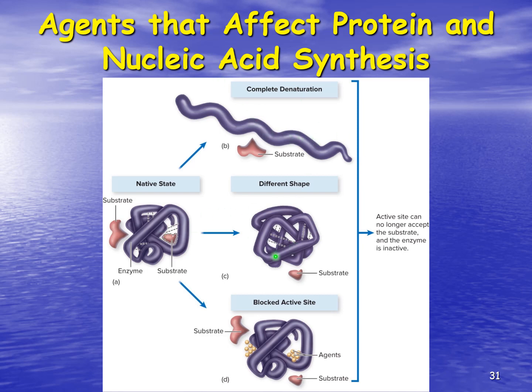Or I could simply alter the shape of the native state enough so that I no longer have the binding site available for the substrate. Or I could have a competitive inhibitor that will block the substrate from being able to bind. The take-home message is no matter what I do, the active site can no longer accept the substrate and the enzyme is now inactivated and the chemical reactions will not occur.